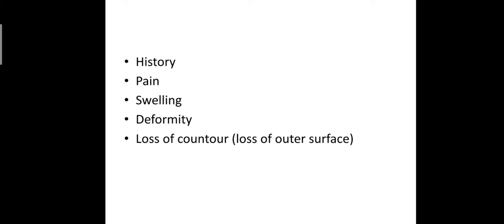Sternoclavicular joint, between the sternum and the medial end of the clavicle. Scapulothoracic joint, between the costal surface of the scapula and the posterolateral part of the ribs or thorax. So these four joints combined make the shoulder joint.